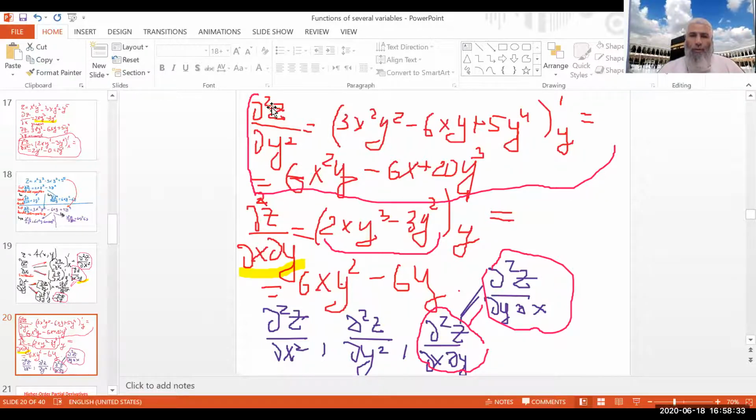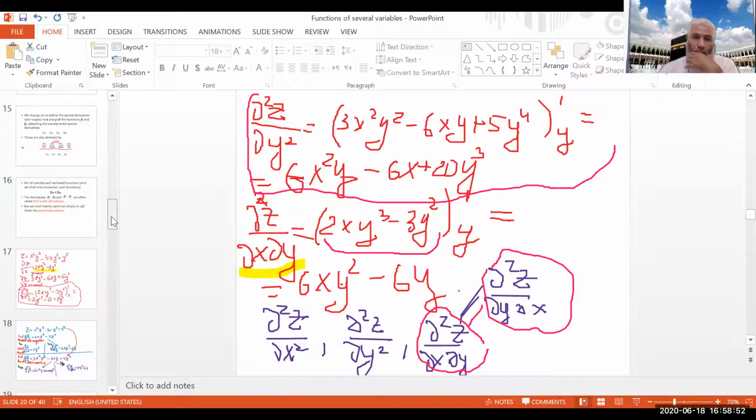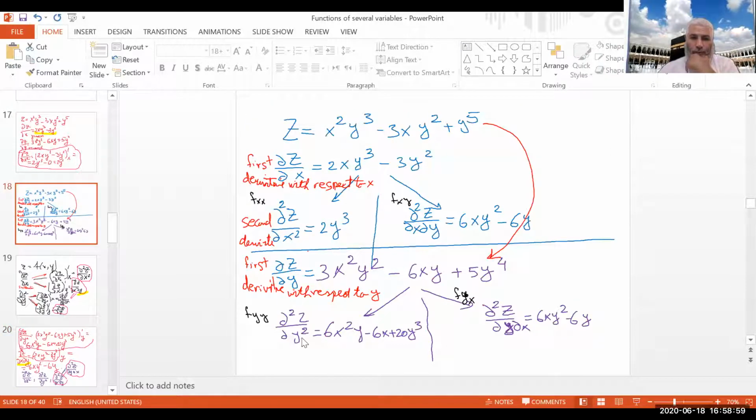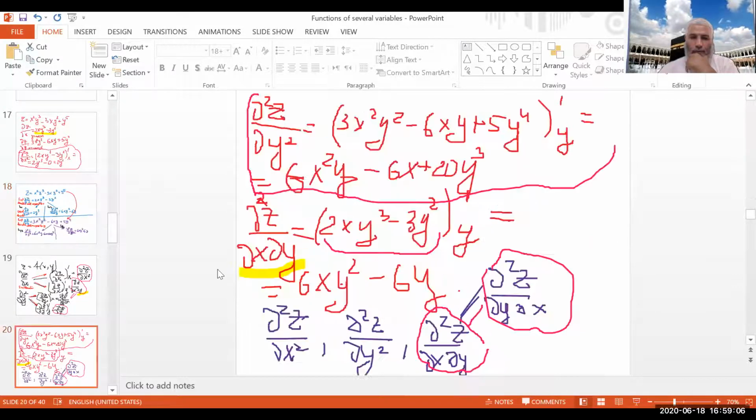So d2z divided dy squared is, you solve it like this. 6x squared y minus 6y minus 6x plus 20y cubed. And we did this, I think. d2z dy squared, which is here, this one: 6x squared y minus 6x plus 20y cubed.